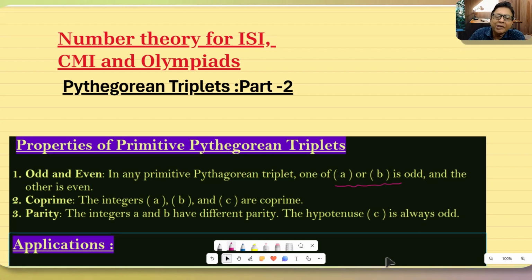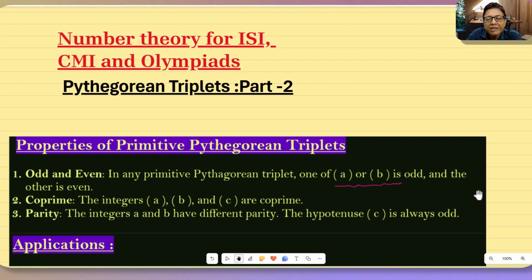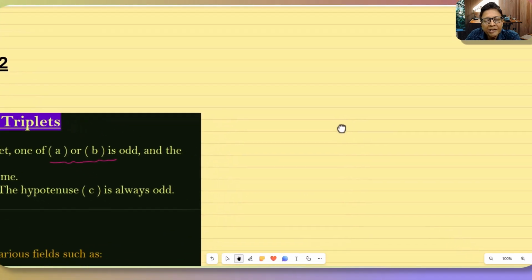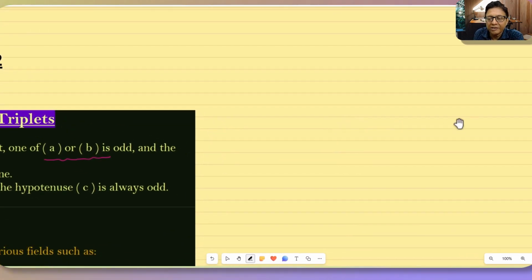See, whatever we are doing here on A, B and C is applicable to geometry in case of right angle triangles. If there is a right angle triangle whose sides are primitive Pythagorean triplet A, B and C, say A and B are called legs and this is the hypotenuse, and the relation is A square plus B square equal to C square.